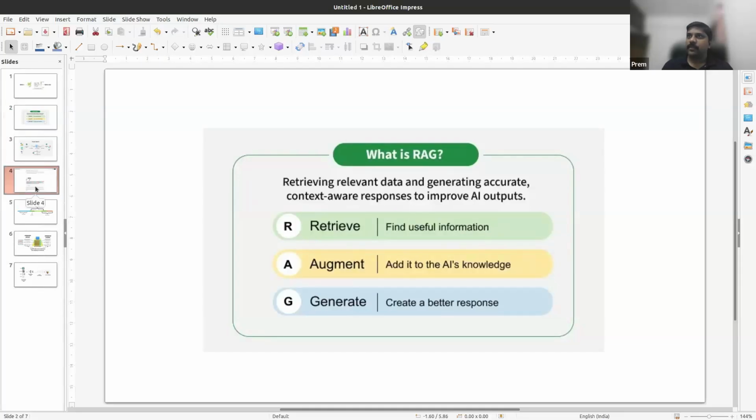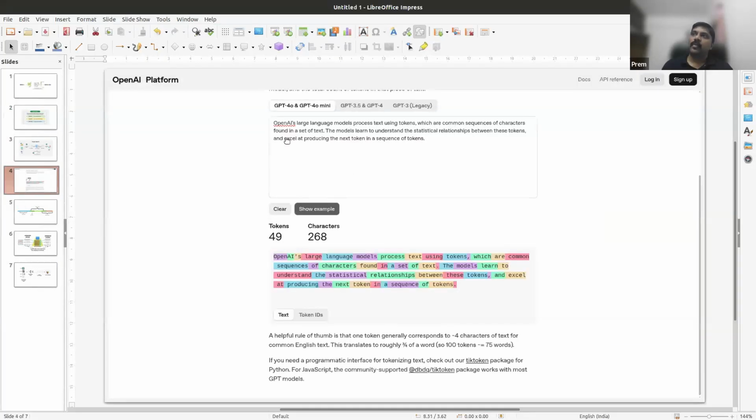Let's see this part. If you go to the OpenAI platform, you can actually see what a token is and visualize it. I've just taken a screenshot of that. This is the text that I have given, and this is the split-up of tokens.